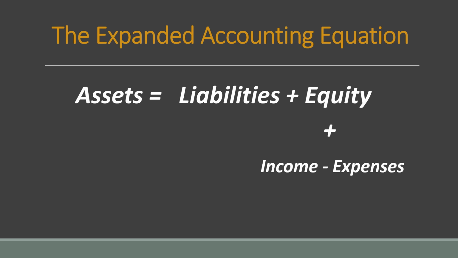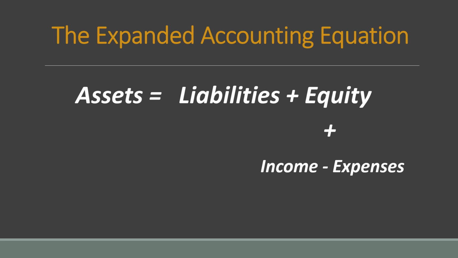So these equations represent the resources controlled by the entity, which is A. So the assets is the resources controlled by the entity. So the present obligations of the entity is represented by L, or the liabilities. And the residual interest of the entity in the assets is represented by E, which is the equity.